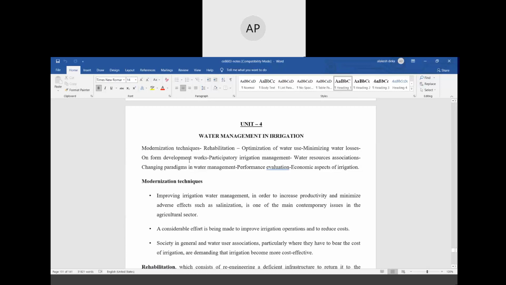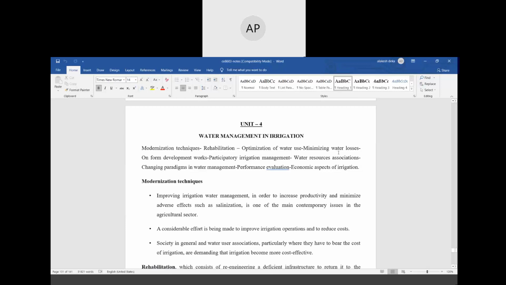So, water management in irrigation. It includes modernization techniques, rehabilitation, optimization of water use, minimization of water losses. Water losses we have already studied, isn't it?